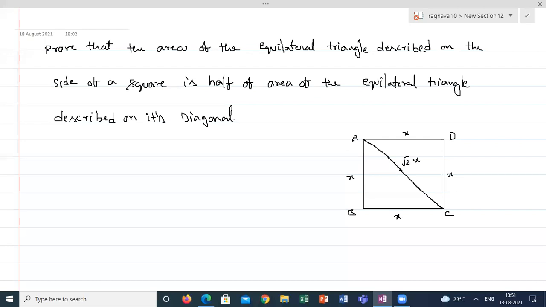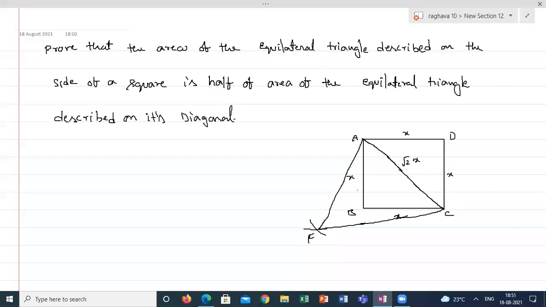I am taking the same length of root 2x. I am drawing a line from A and drawing a curve from B. If I am joining these points, I will get a triangle where AC is equal to AF and AF is equal to FC.